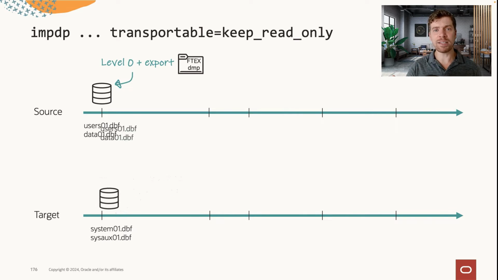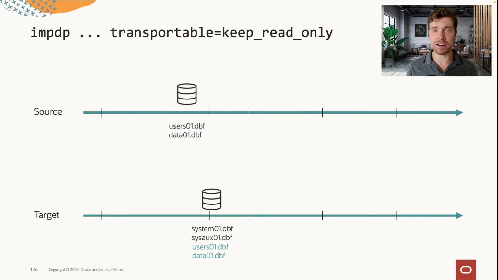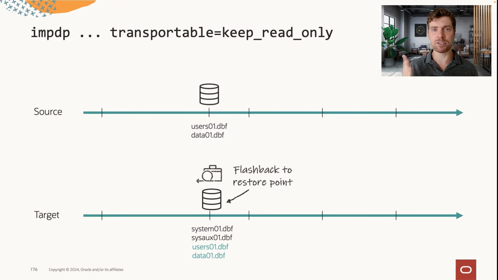I move that level 0 backup that I took on the source. I restore and recover the data files, and I do the impdp for transportable in that destination server. After I do my tries, I can flash back this database to the GRP that I took before.